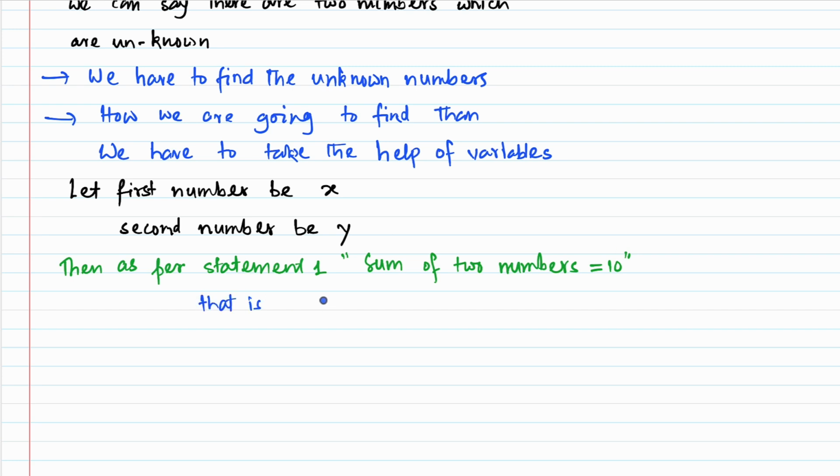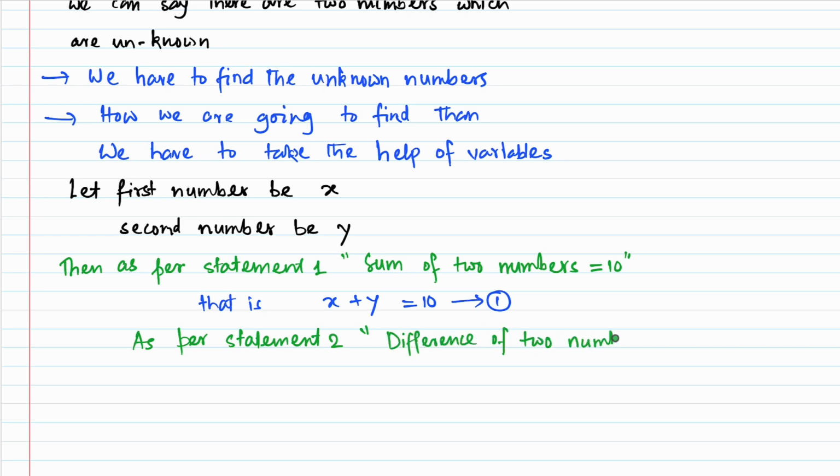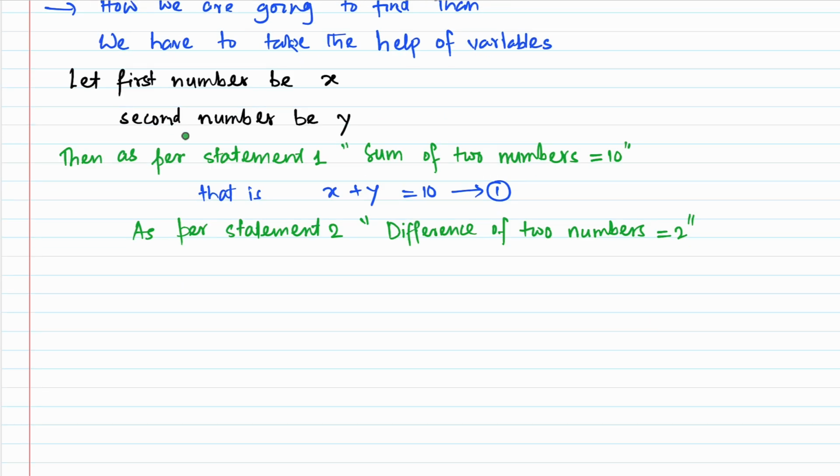That means x plus y becomes 10, and we denote it by equation number 1. As per statement 2, the difference of the two numbers is equal to 2. So from this statement, the relation between the variables we have chosen is x minus y equal to 2, and we denote it by 2.